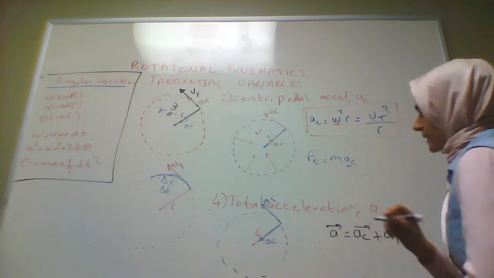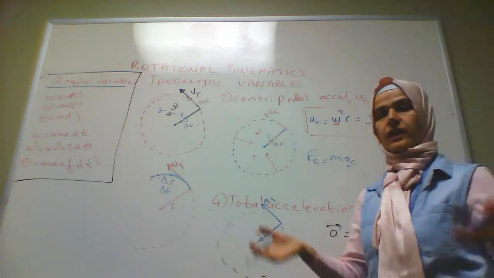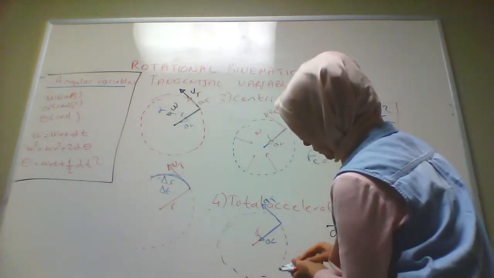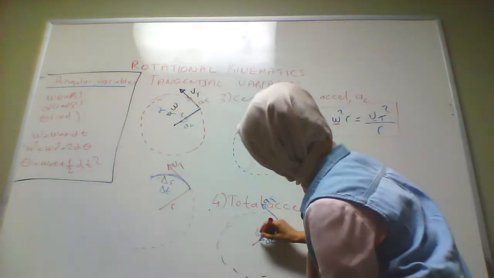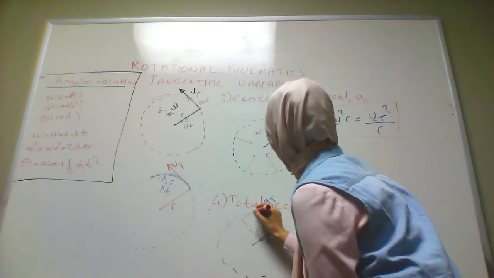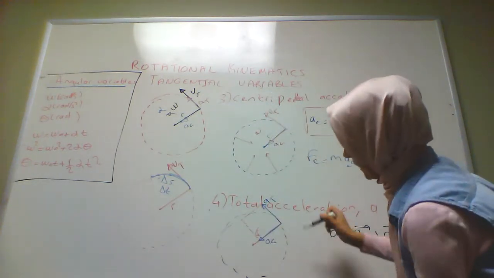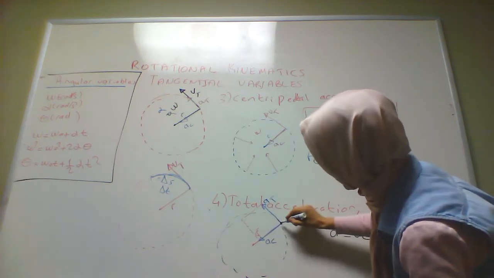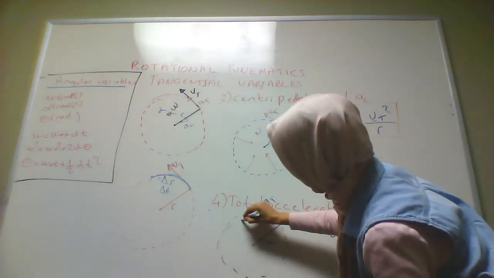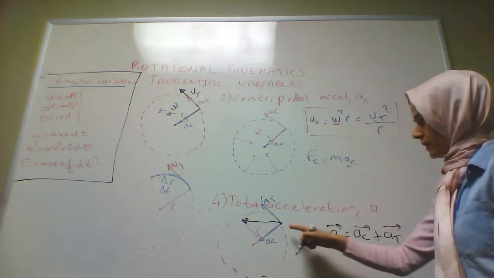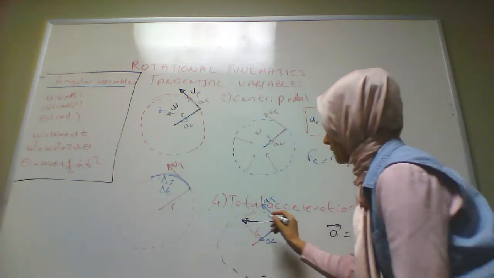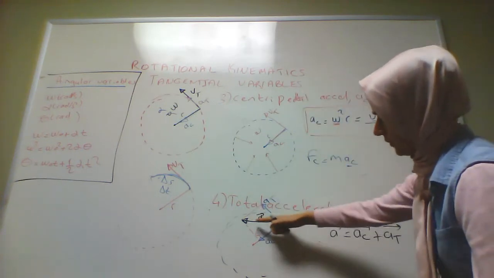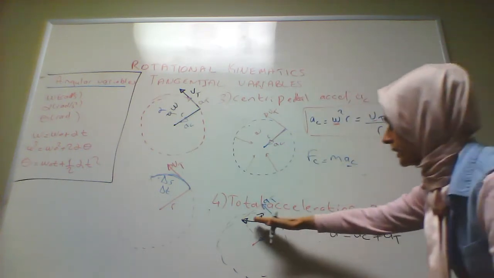So we will be adding these two vectors, taking into account that they have to be vectorially added. One method of doing this is to draw a parallelogram, and the diagonal of the parallelogram, joining the start of the two vectors to the opposite corner, will be the total acceleration. And the direction will be the one we see here.